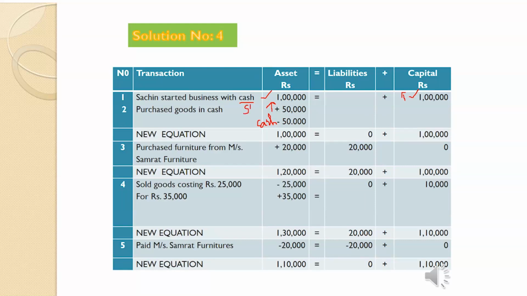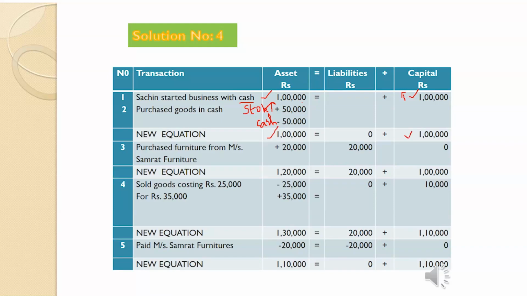So stock plus 50,000, and cash will decrease, minus 50,000. So the asset is 1 lakh and capital is also 1 lakh. So assets equal liabilities plus capital, equal to 1 lakh.